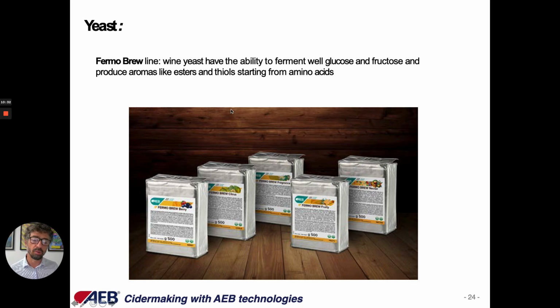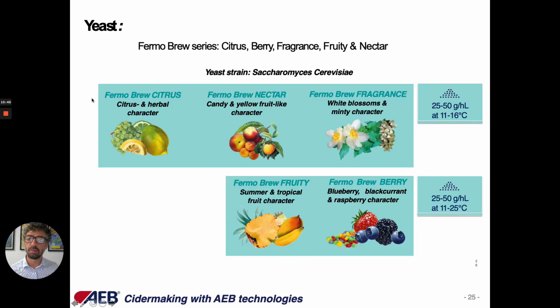Another line that we have created for cider is a line of wine yeast that bring a lot of complexity in esters. And all the esters that they'll bring are defined in the name of the particular yeast.